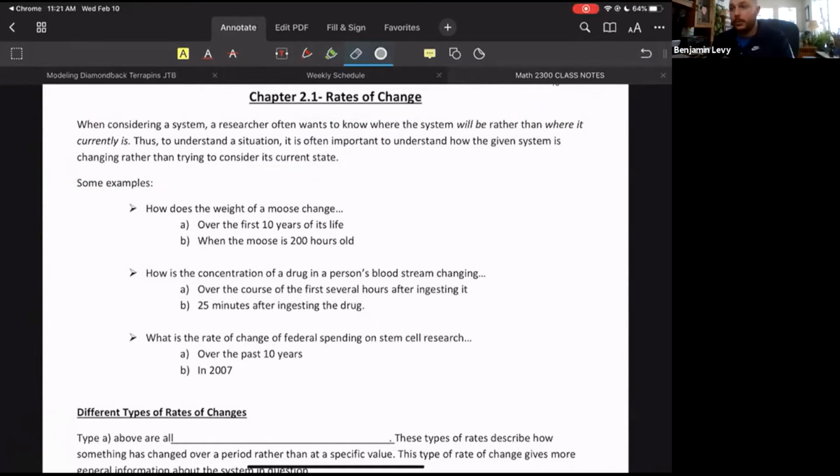And in calculus, we think about changes as derivatives. And so that's what we're at right here. We're going to talk about two different types of rates of change. The first type here are all type A. I'm going to highlight those all in green because those are all similar to each other. In the first instance, you could think about two different ways a moose's weight changes.